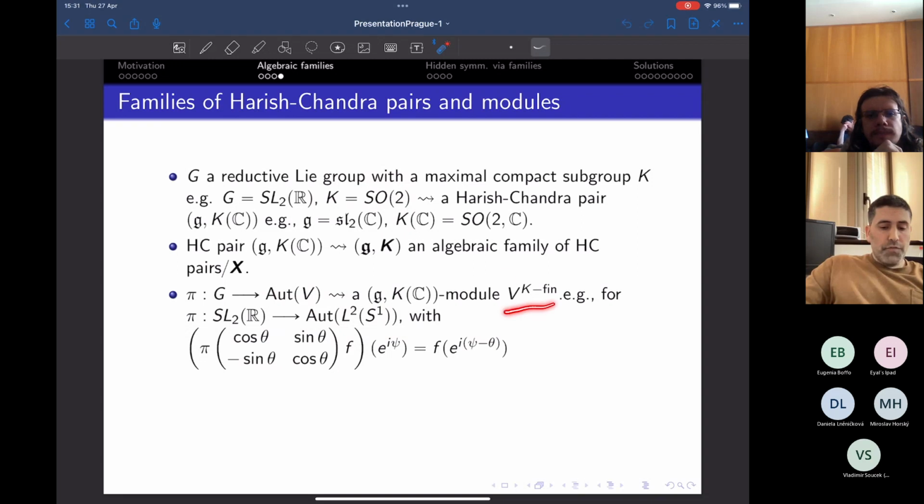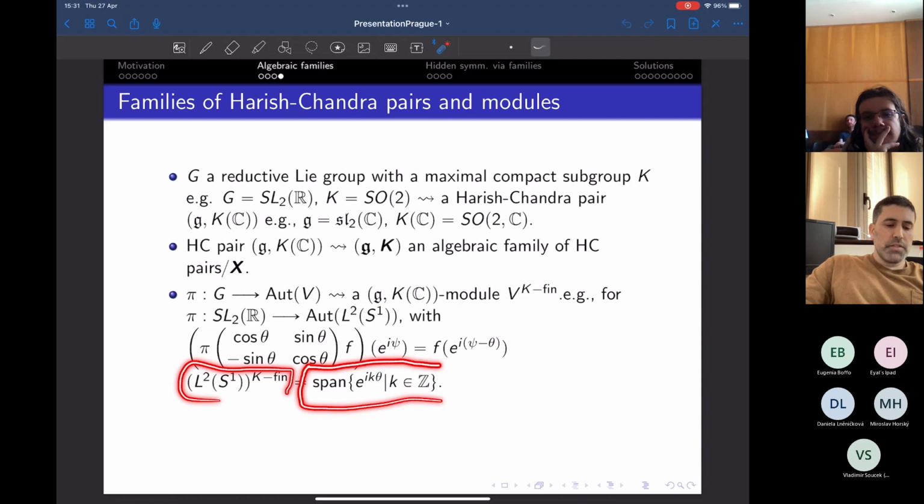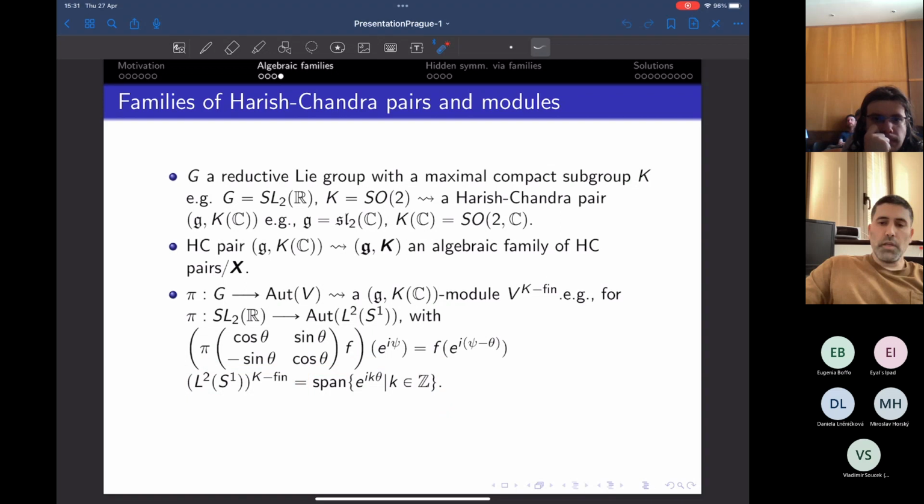And to be a K-finite vector in this L2 space, which is something in analysis, it's not something in algebra, it just means that you can be expressed as a finite linear combination of the usual Fourier basis, some trigonometric polynomial. It's a very simple thing. It's linear algebra and not analysis. So to move from L2 space to some finite dimensional thing, it's a big simplification.